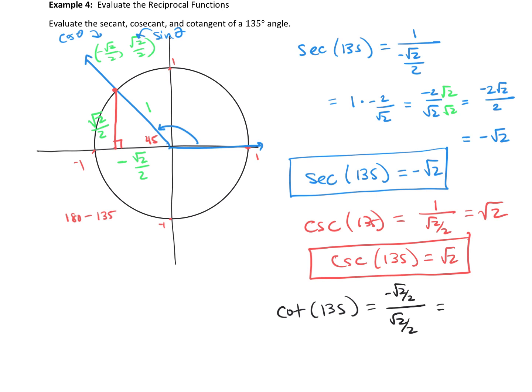Well, essentially we have root 2 over 2 divided by root 2 over 2. Anything divided by itself equals 1, but it is a negative divided by a positive, so it's going to equal a negative 1. So cotangent of 135 equals negative 1. And there we have our reciprocal functions.